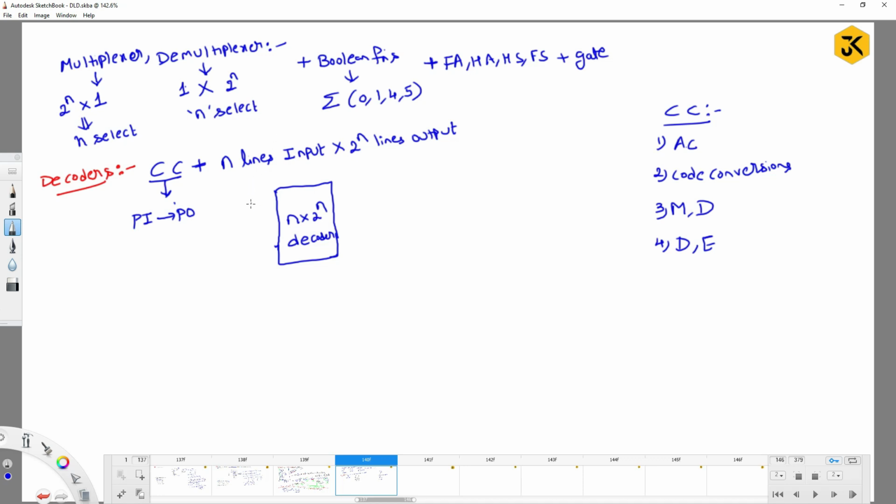This is the general meaning of a decoder, right?